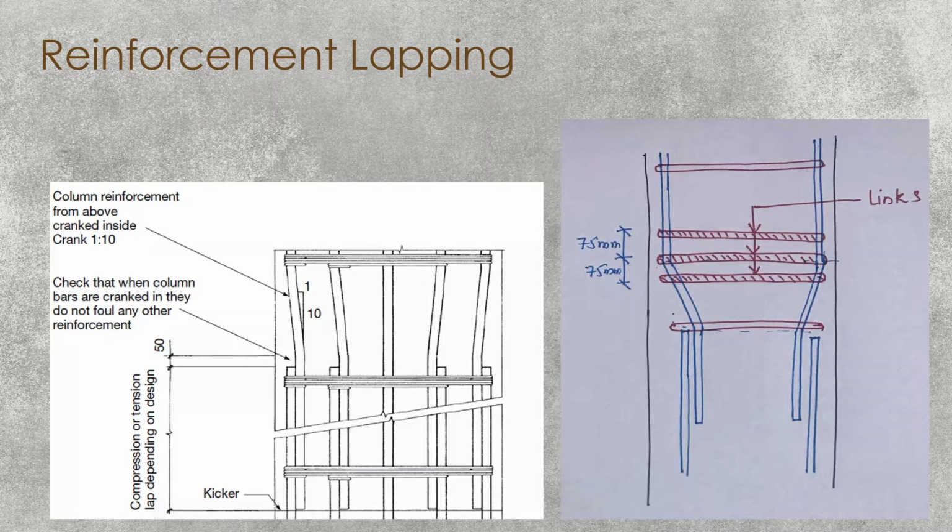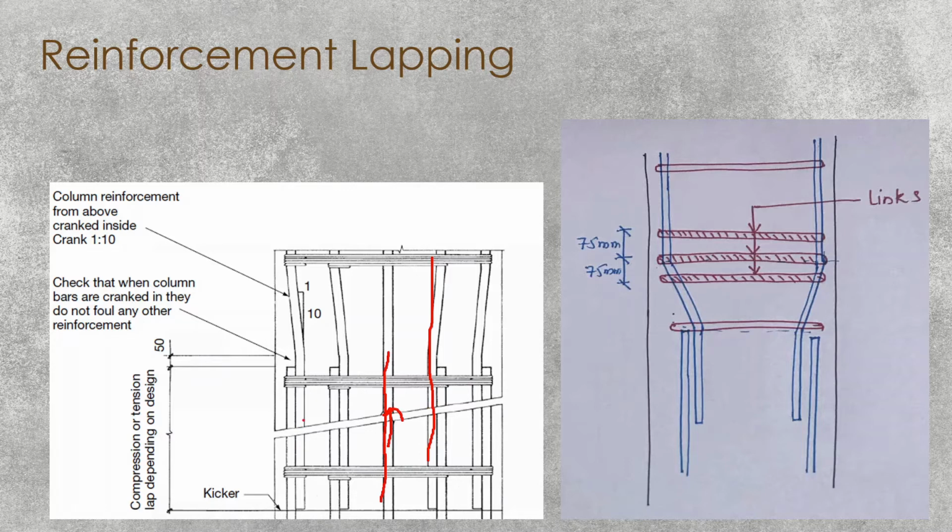At corners, you always have to crank the reinforcement. So for the middle bars here, if you have adequate space, you can put the side lap. You have a crank here. If you have adequate space, you can put a straight bar there. That depends on your spacing in the column reinforcement.